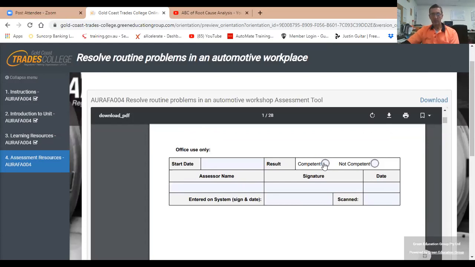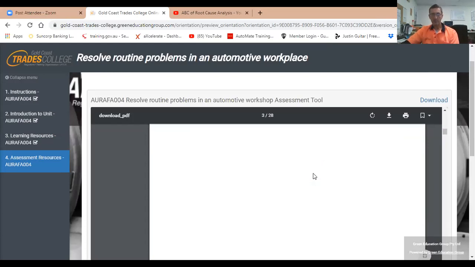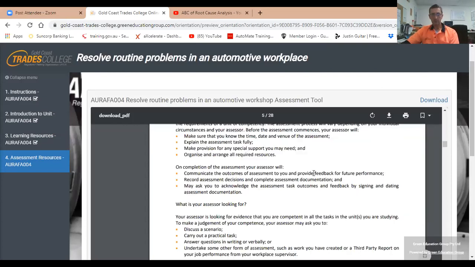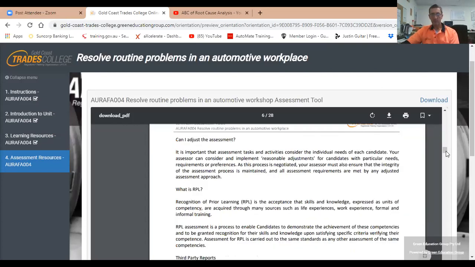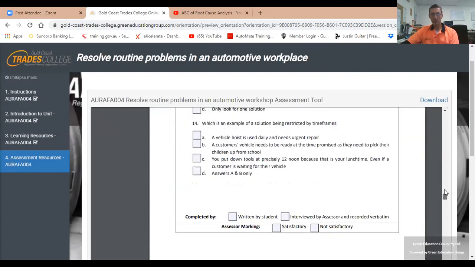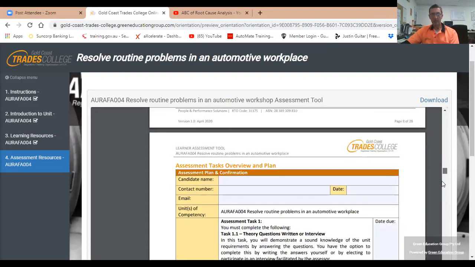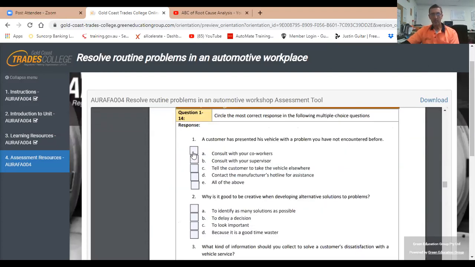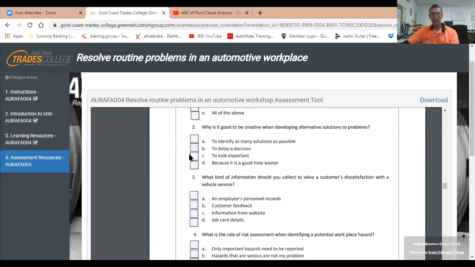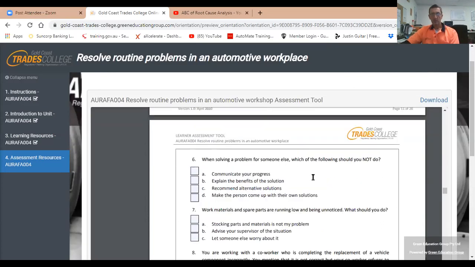It's an editable PDF, so you can tick the boxes where required, work through these questions, and there's a practical task at the end which we'll do once we're in the workshop. But before then, you can tick the boxes where required. There's an example there. And then complete that assessment.